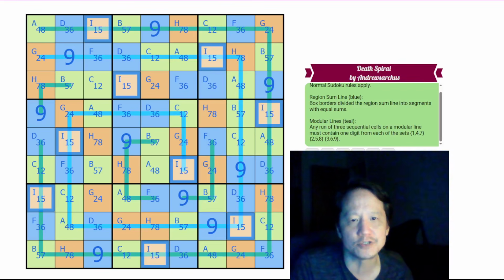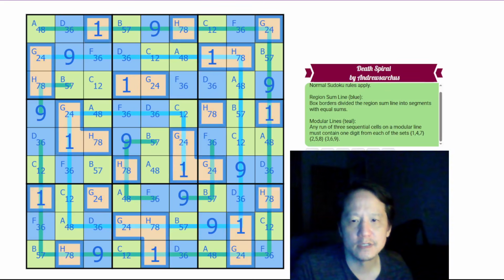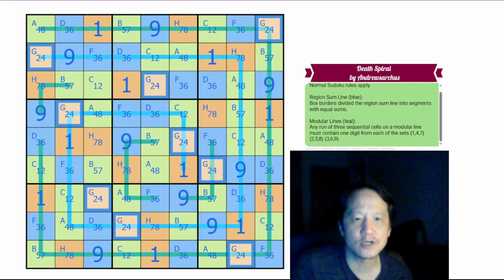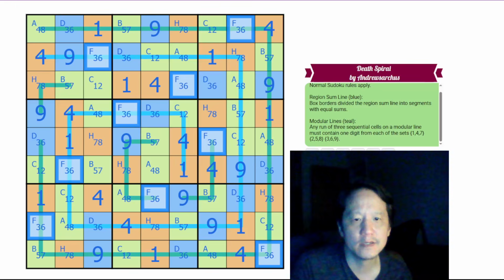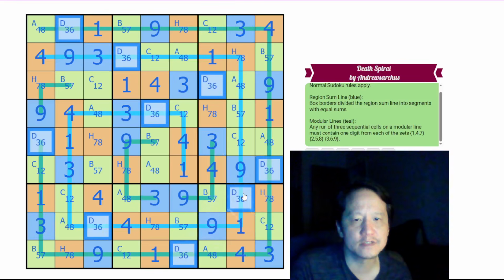All the oranges are 1 mod 3. So I's are 1. G's are 4. F's must be 3. And D's must be 6.